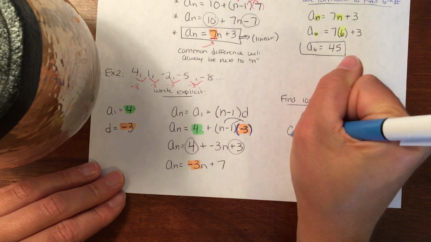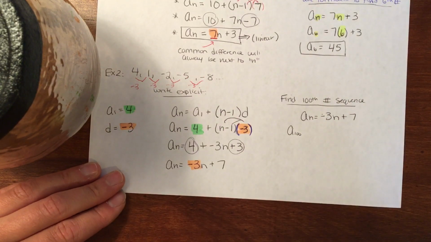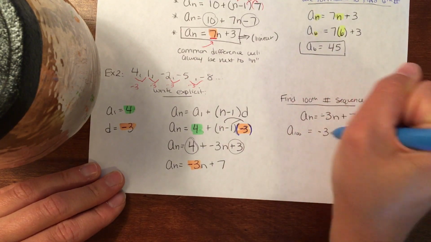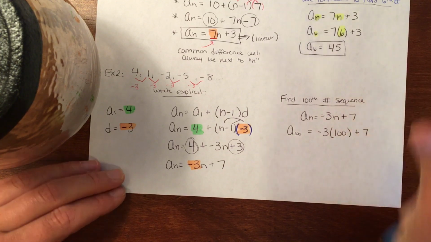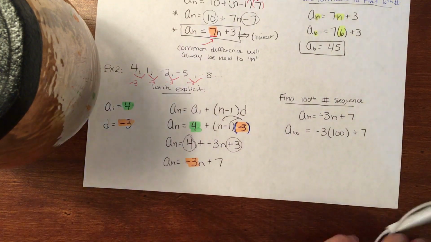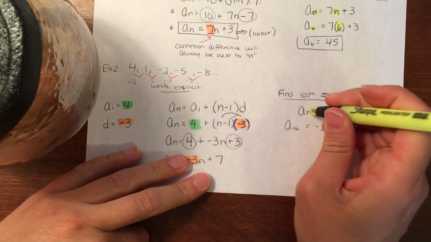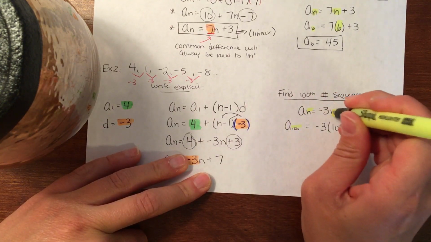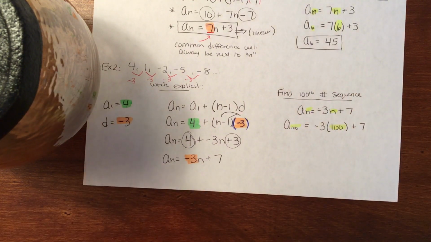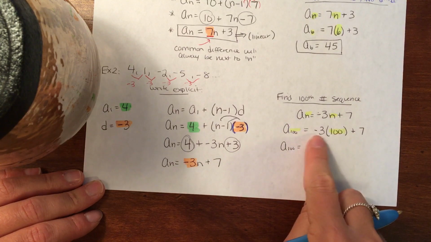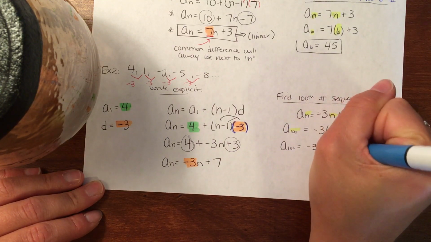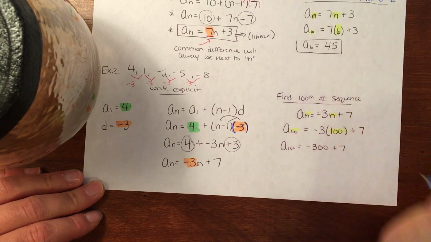To find the 100th term, it would be a of 100 equals -3 times 100 plus 7. Okay, remember when I changed my n to 100, I also plug that in for n on the right side there too. Okay, a of 100 is equal to -3 times 100 is -300 plus 7.